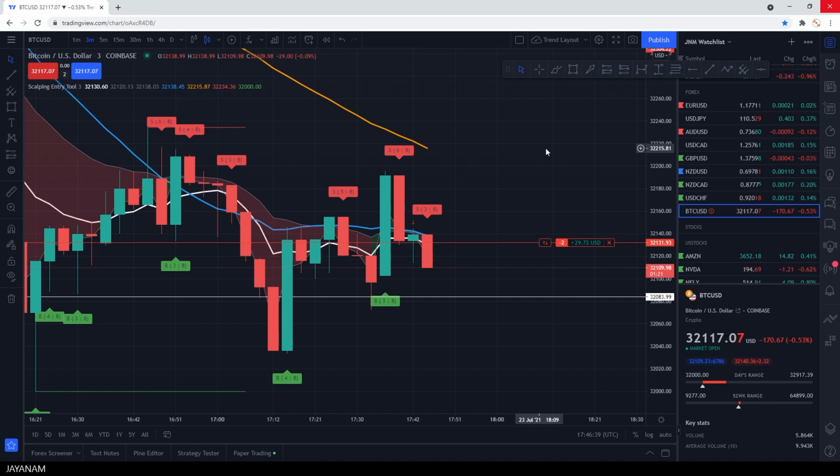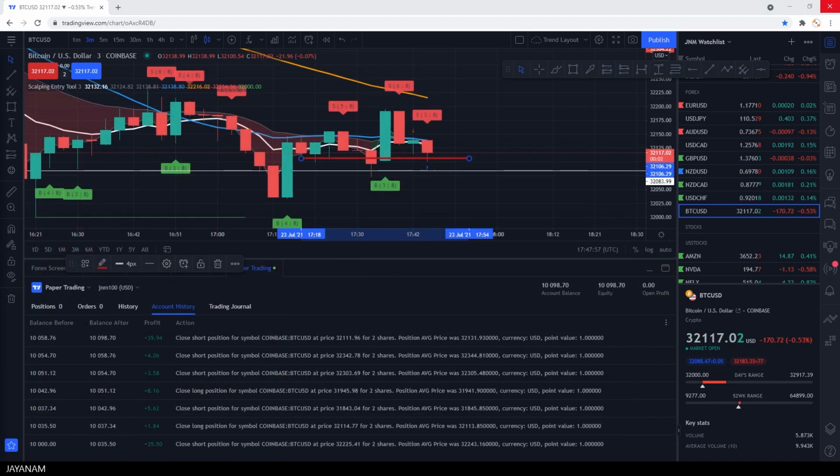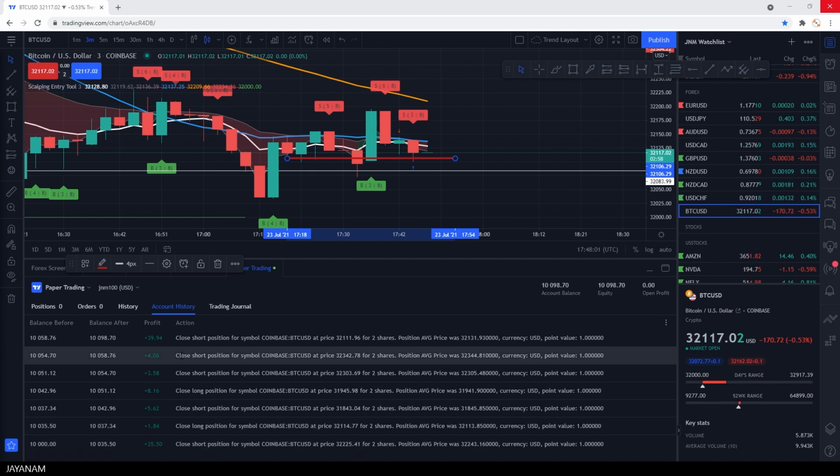And I think this is a good time to take profit. Here you can see some trades that I took, just a few quick entries and exits which were successful, but of course it doesn't always have to be like that.